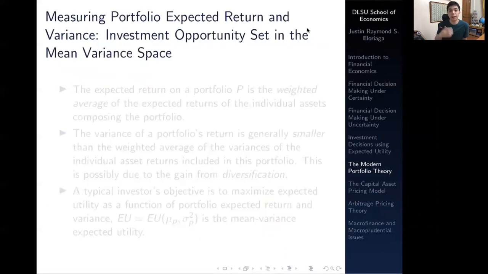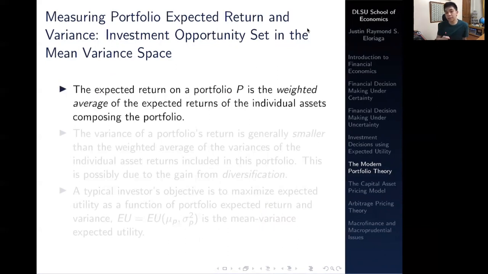There are a couple of immediate conclusions that we can pinpoint from this analysis of expected return and risk. First, the expected return on a portfolio P is essentially the weighted average of the expected returns of the individual assets comprising the portfolio. Remember, it's rational to think that in a portfolio you would have many different types of assets, and each asset would have a specific weight.